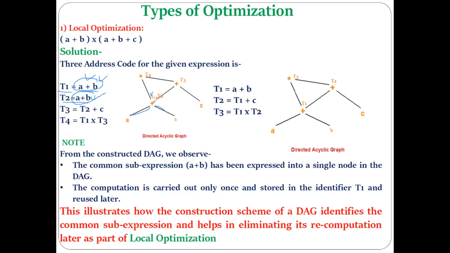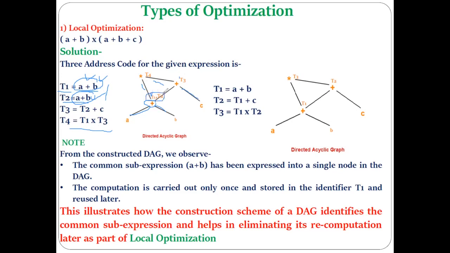That is the reason only one node is created here for the two expressions, because a plus b is the common sub expression. Then t3 equal to t2 plus c, and t4 equal to t1 into t3, like this. Now this is the DAG for the unoptimized code, and you can easily see here t1 comma t2.